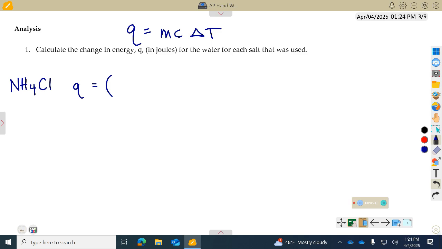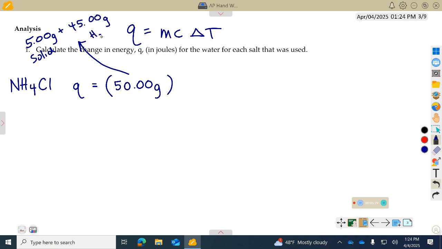This should end up being about 50 grams total. So where do I get that 50 grams? 5 grams of solid plus 45 grams of water.